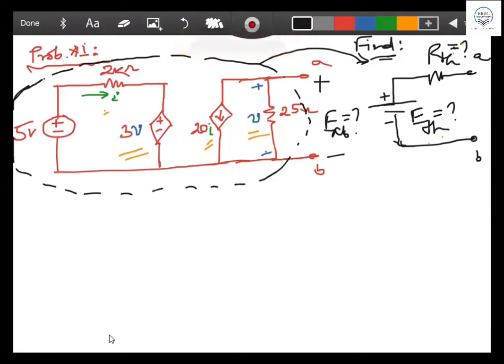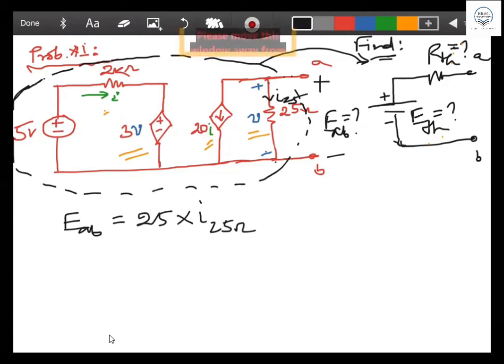Okay, anybody can tell me what will be EAB? EAB will be the voltage across the 25 ohm. Good. So 25 ohm. If I say the current flowing through here is I, for example I25, it will be 25 into the current, which is I25, the current flowing through the 25 ohm resistor.